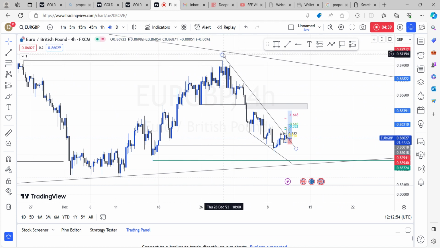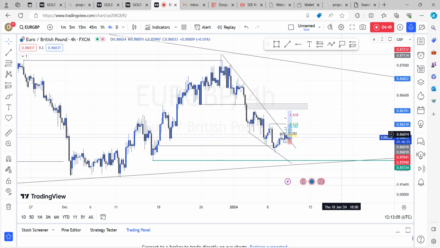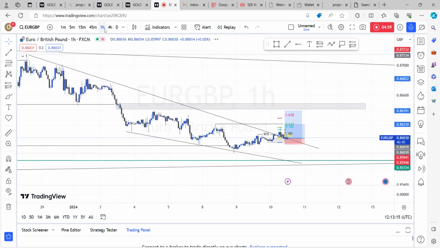I drew a trend line from this swing high to the downside, and the price is already moving towards the trend line, whereby the price has already broken through the trend line from the 4 hours time frame. You may not see it clearly here, so I would like us to drop down to the 1 hour time frame to see the market structure clearly.